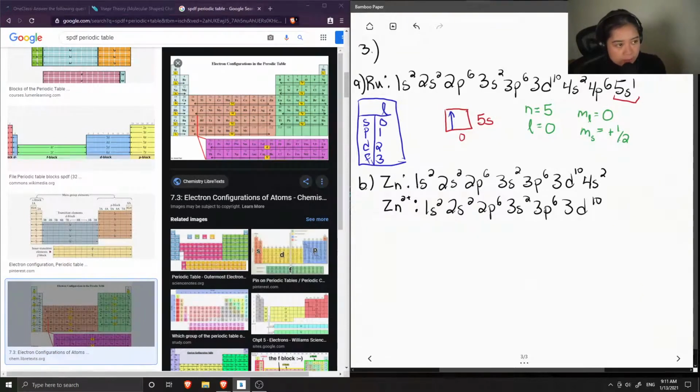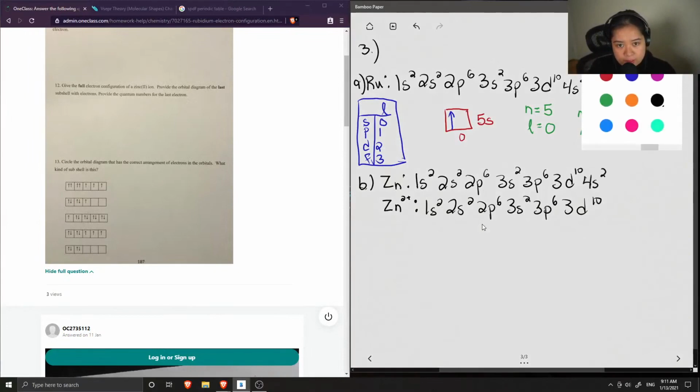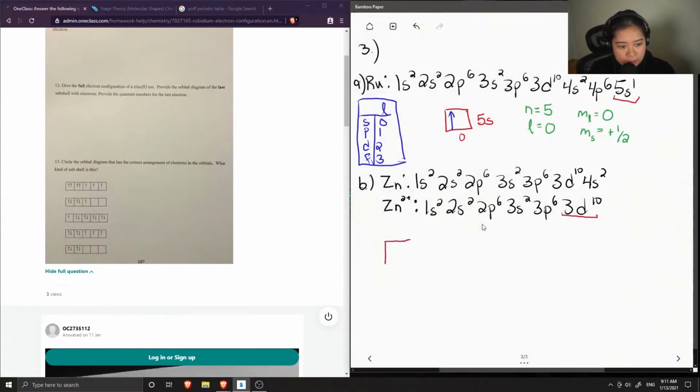Okay, so now we're going to draw the orbital diagram for the last subshell. In this case, it is the 3D subshell. So now let me draw out the boxes.